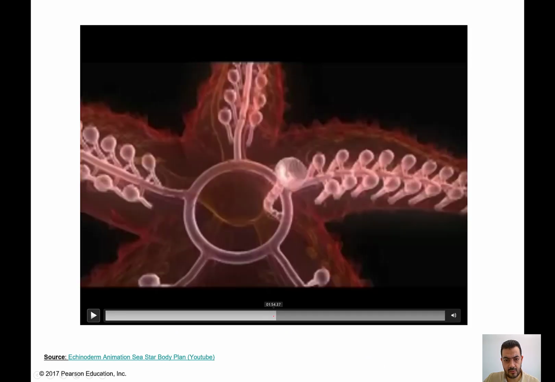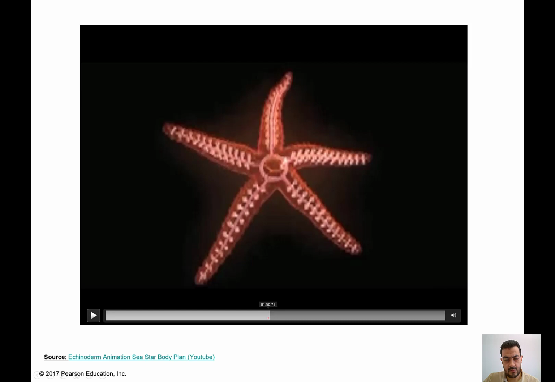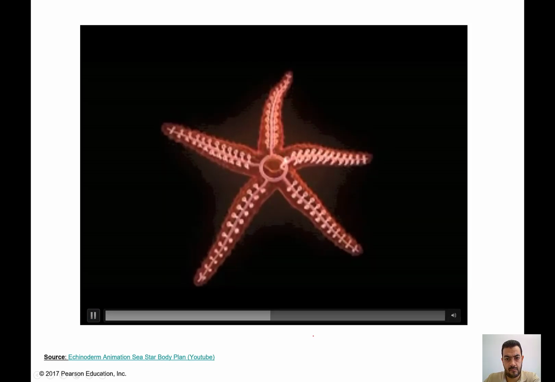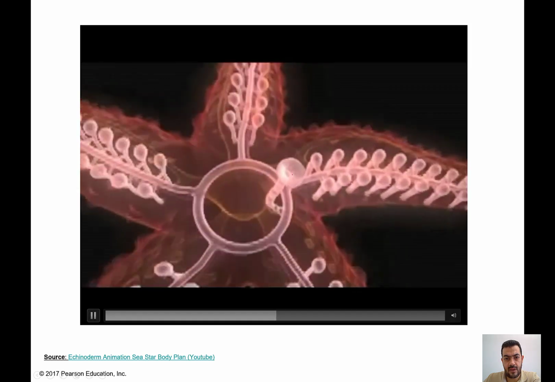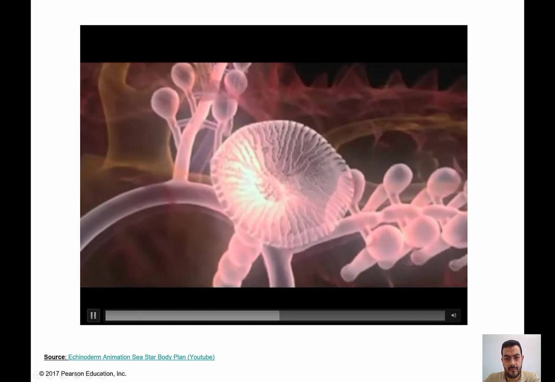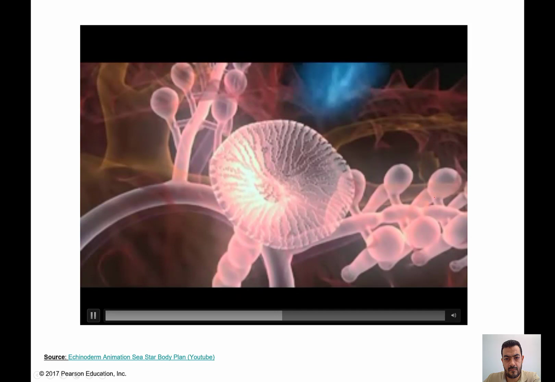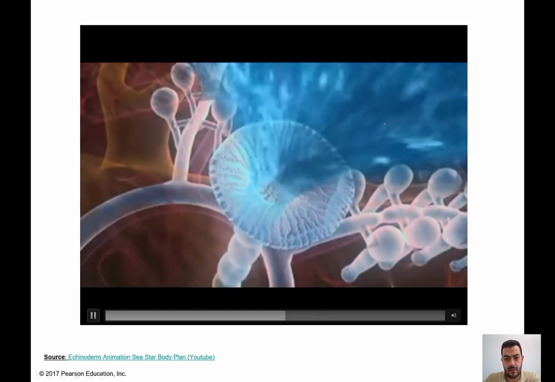So as you can see here in this video, here we have the madreporite, and the entrance of the water will fill the whole system.